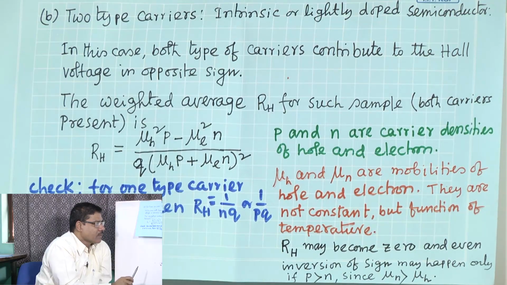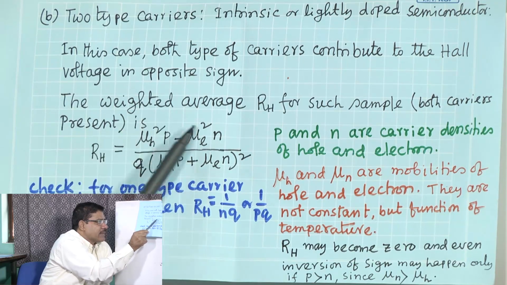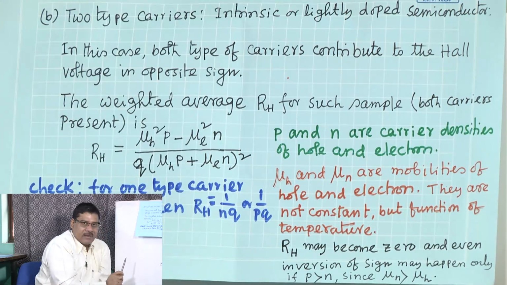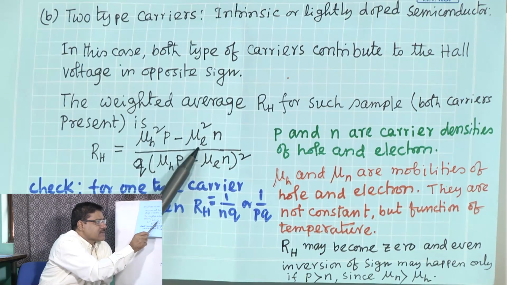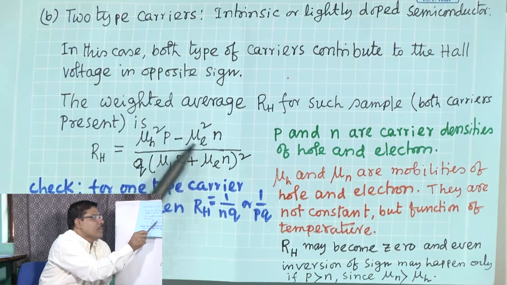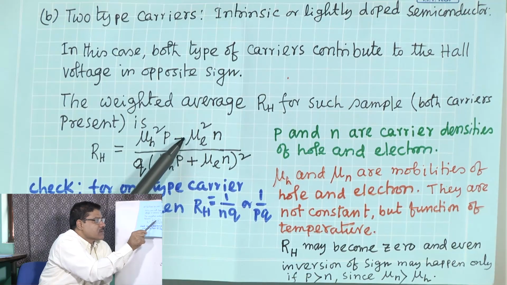Now with temperature, as I told, this term will dominate. Initially this term is greater than this term, so R_H is positive.